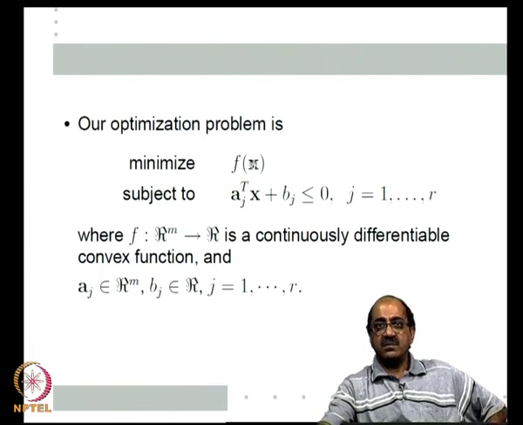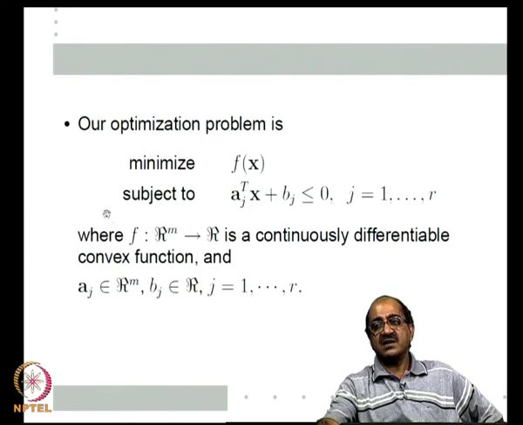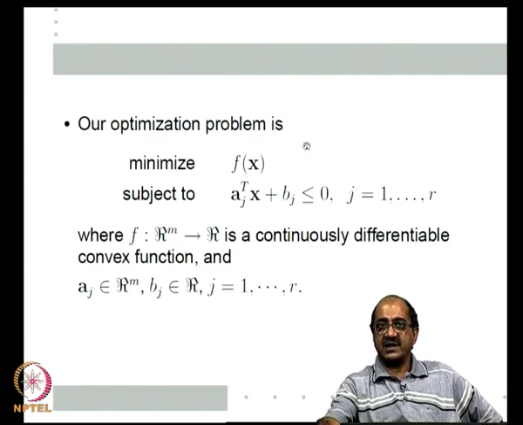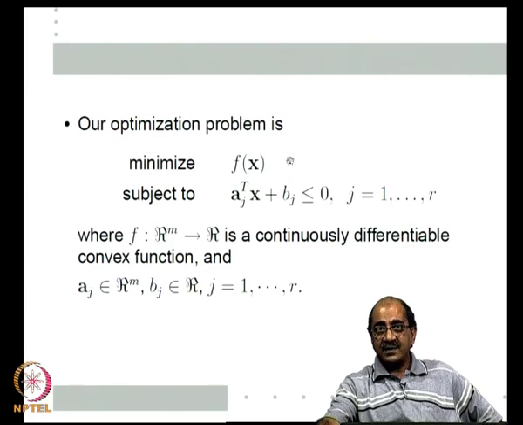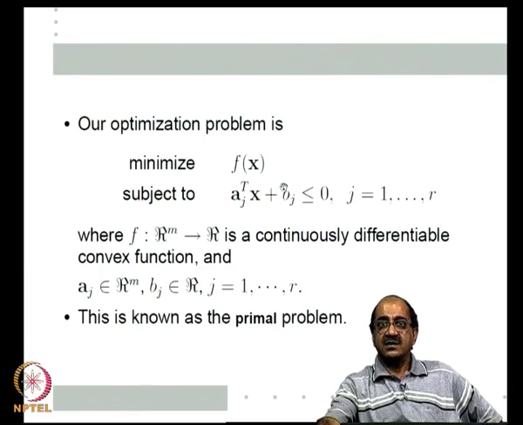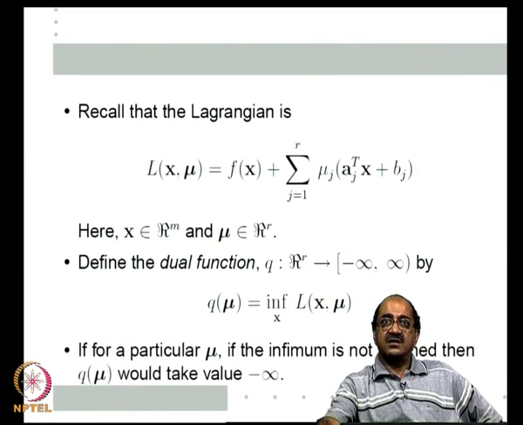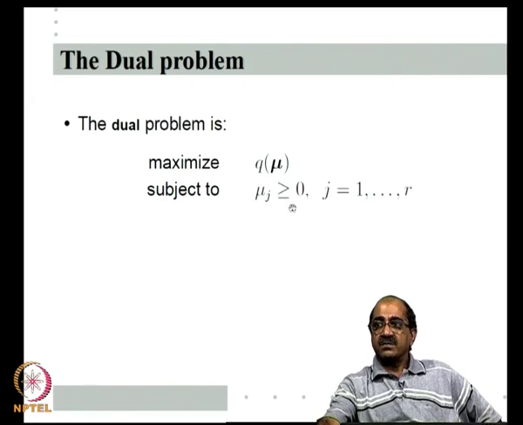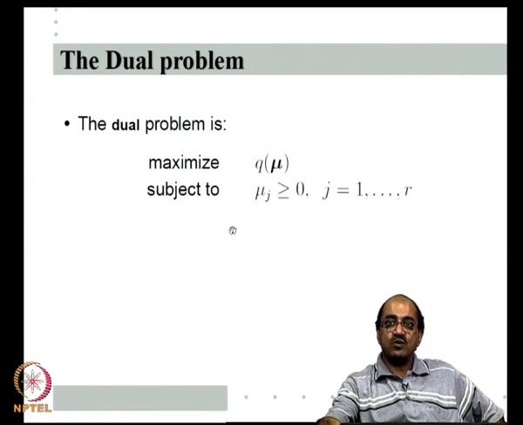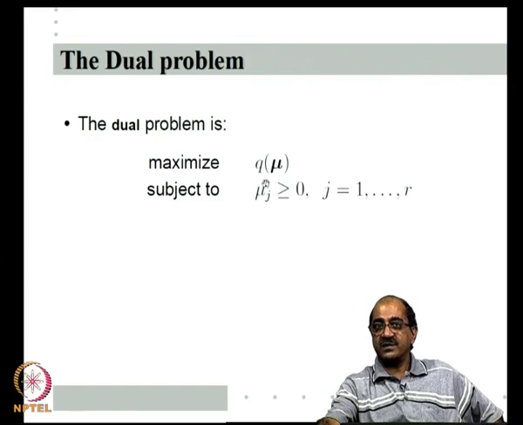This is the primal problem. x star could be a solution, satisfying the Kuhn-Tucker conditions, and the optimal value is f of x star. This is the dual problem. If a solution exists, of course, this will have its own Kuhn-Tucker conditions with respect to the optimization variables mu. If it has a solution, it could be mu star and the optimal value will be q(mu star).